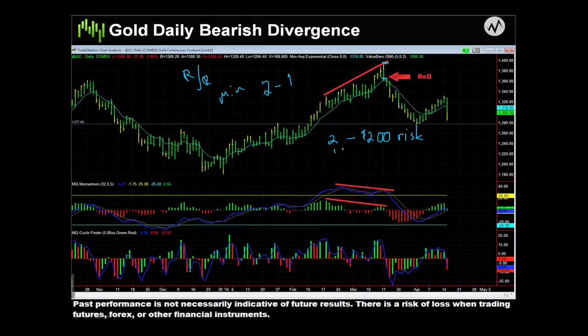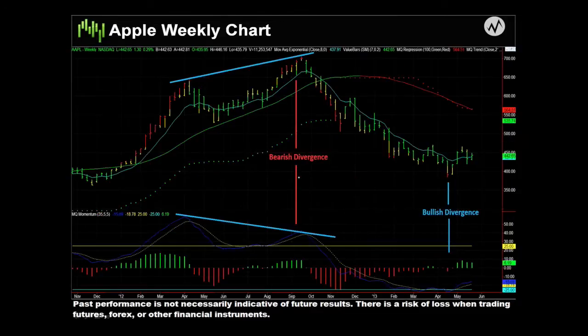I'll take off half profit, so take off 1 contract at plus 200. That's a 2-to-1 reward risk ratio. So you just paid for your entire risk with the half profit, and then the runner that caught the $100 move ended up making 10 grand. Okay, makes sense?